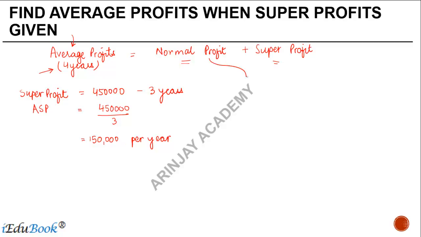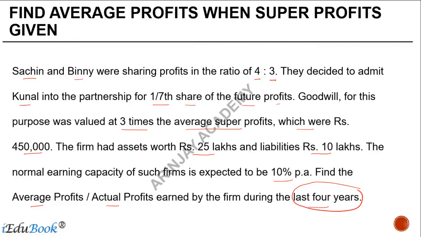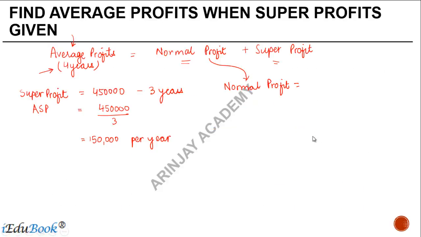Second is the normal profit. Now, how do you calculate normal profit? Normal profit can be calculated if you see you are told that the assets are 25 lakh and liabilities are 10 lakh, which means that the capital invested into the firm is equal to assets minus liabilities.